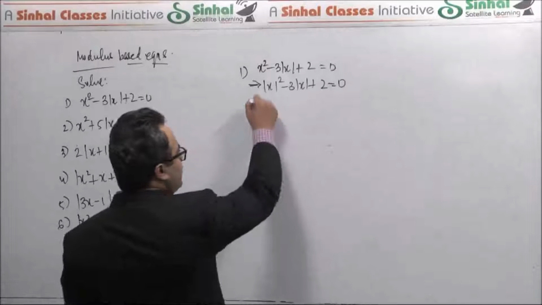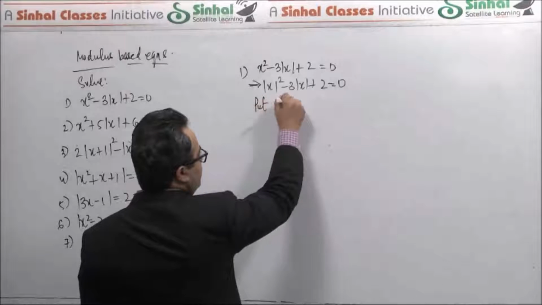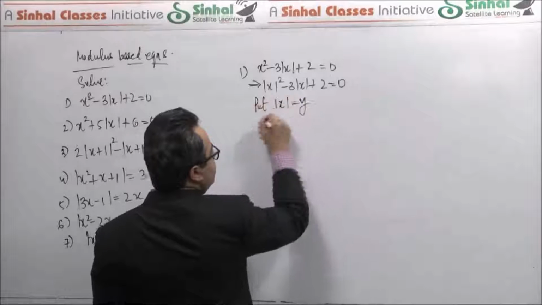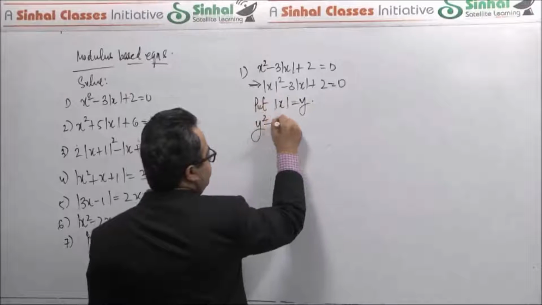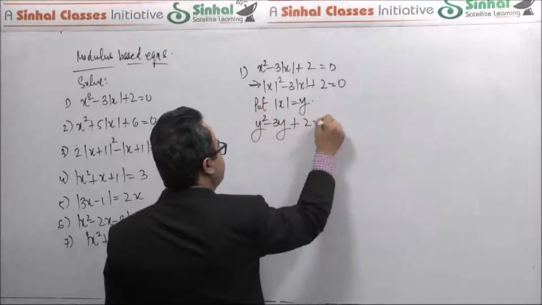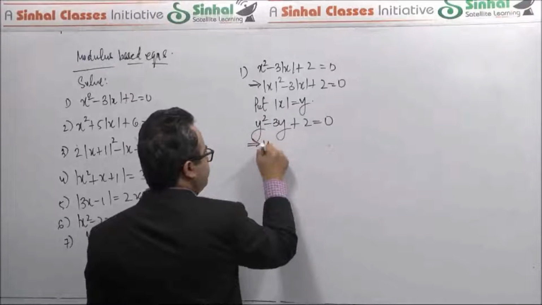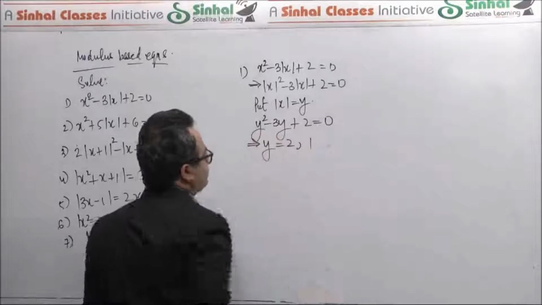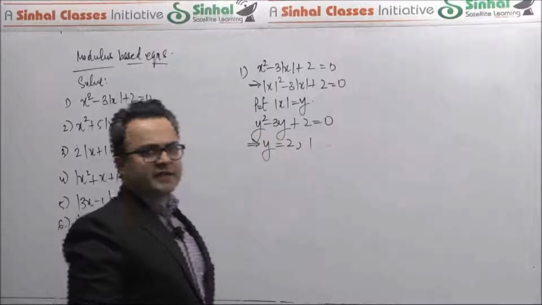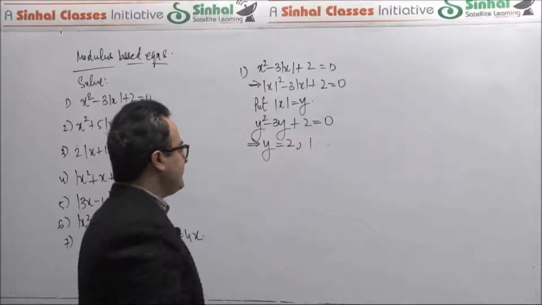So if I now put mod of x as some variable y, I easily get the values of y as 2 or 1, and then substitute back.